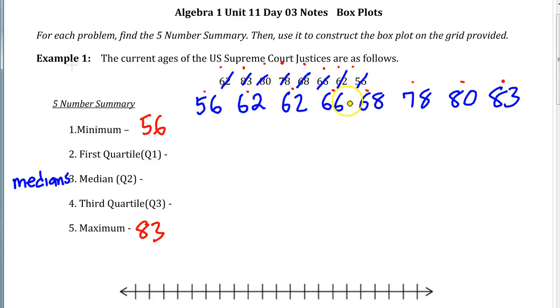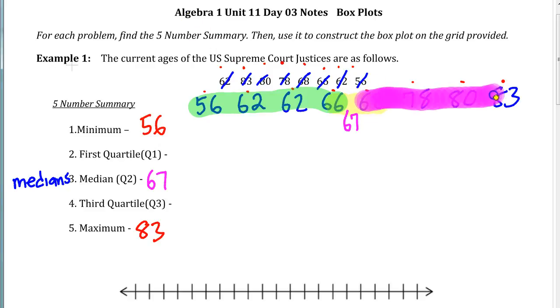You find the middle of the two middle numbers here. In that case, the middle of 66 and 68 is 67. Then you find the middle of just the first half, and you find the middle of the second half. So it's your Q1 and your Q3.